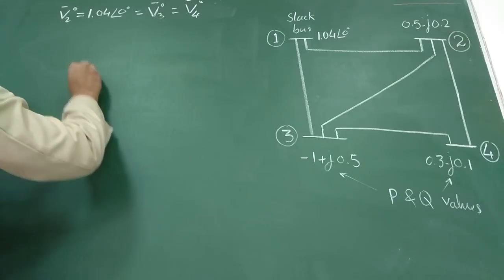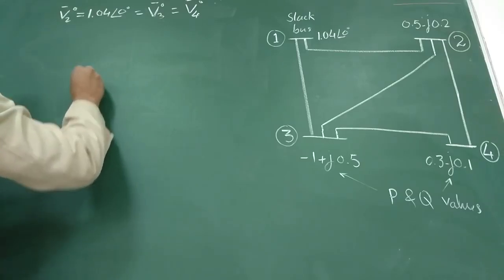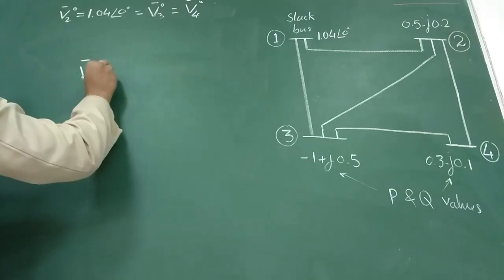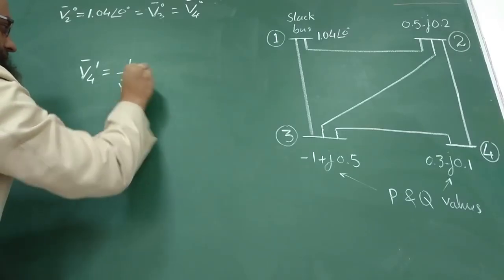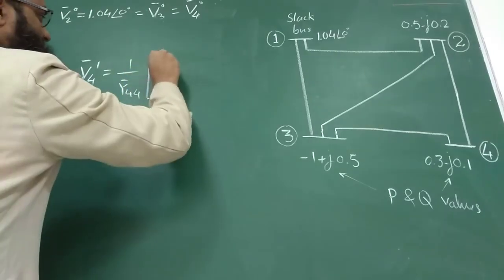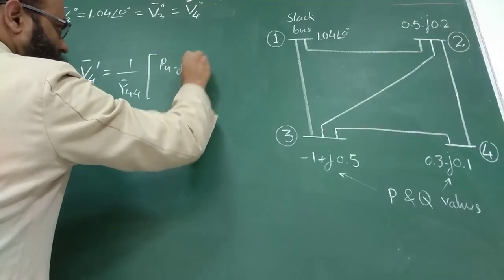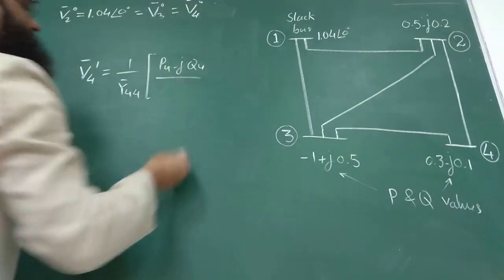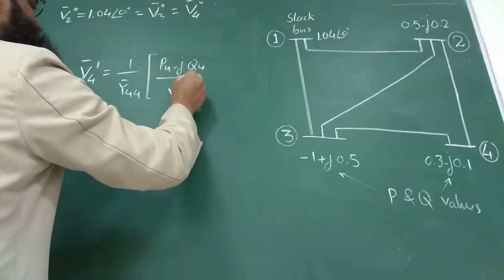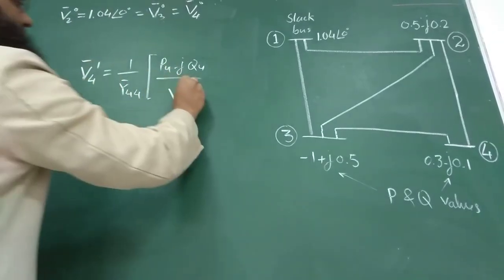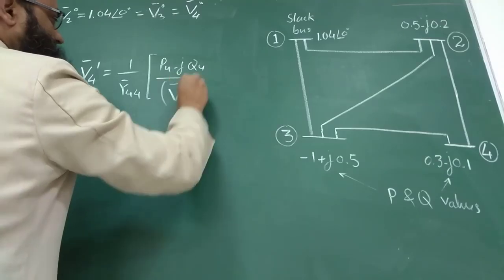So this will be V4 1, first iteration value. So that will be Y44 P4 minus J Q4 upon V4. So for first iteration write 0. This phasor star.